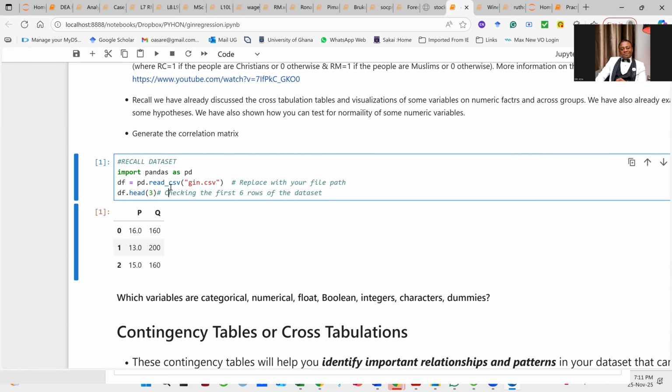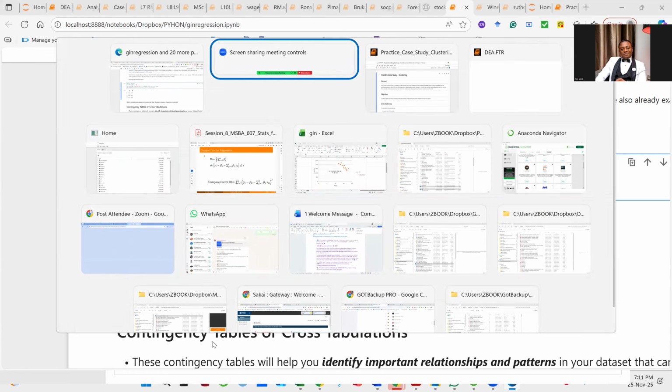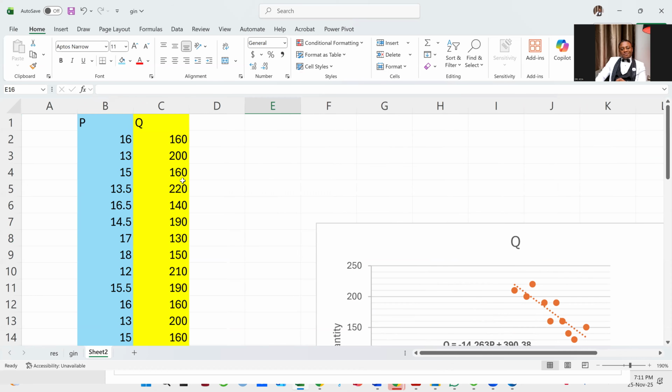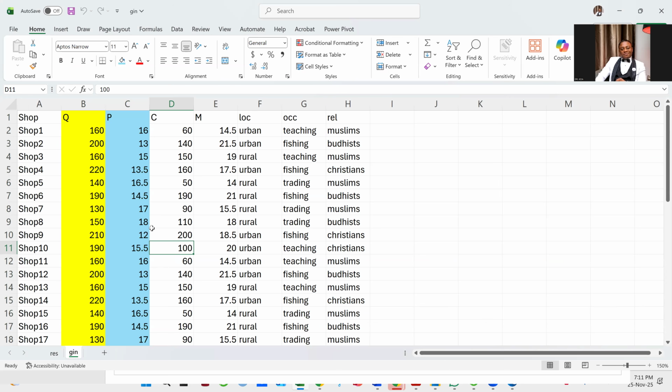Now, why is it showing that? Let's go to my Excel. It's not supposed to show that, but it's showing that because my sheet here has only the P and the Q, you see. So I need to delete this sheet and then use the actual gen data, this very one that I've opened.